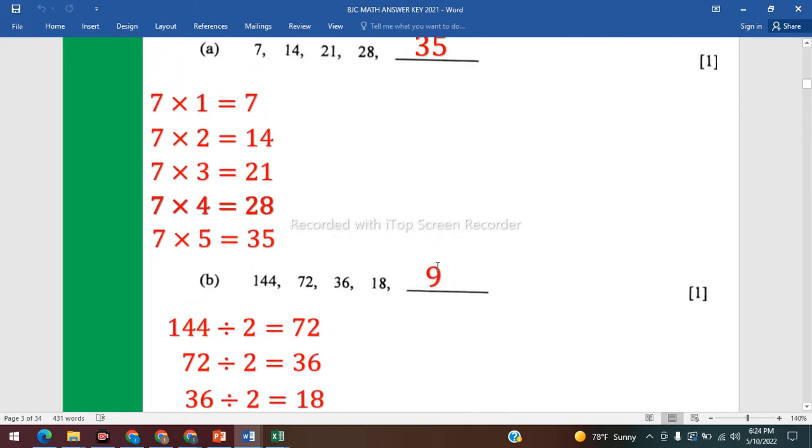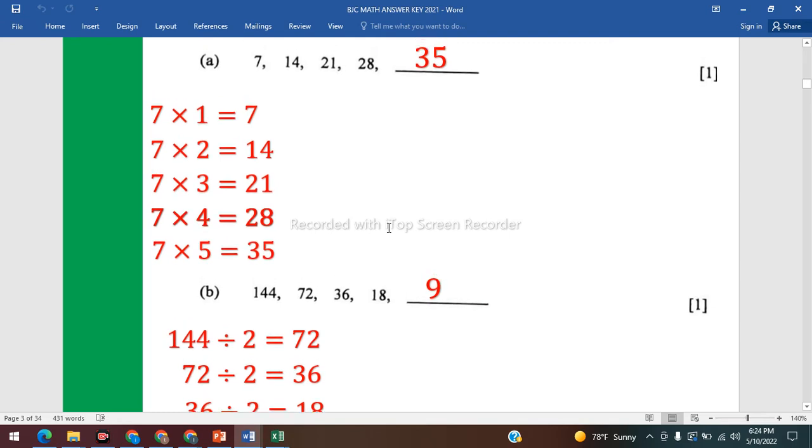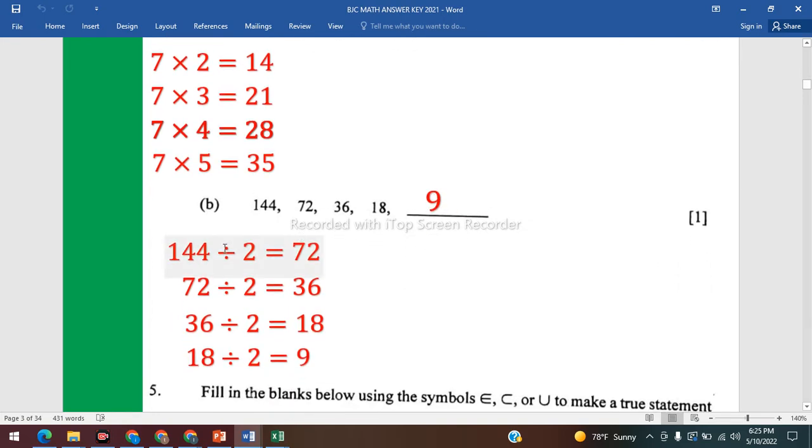So, you just divide for this one. 144 divided by 2 is 72. 72 divided by 2 is 36. 36 divided by 2 is 18.